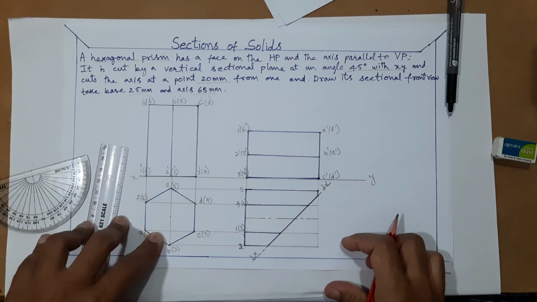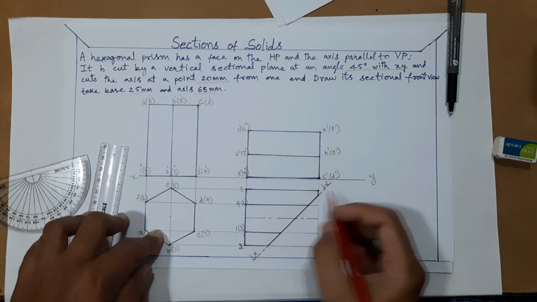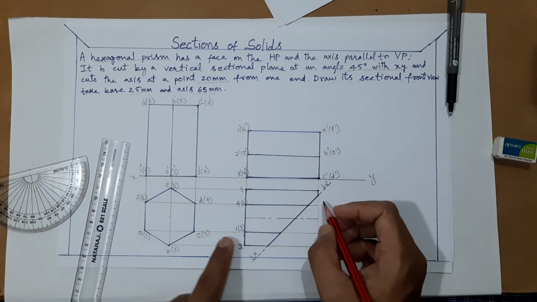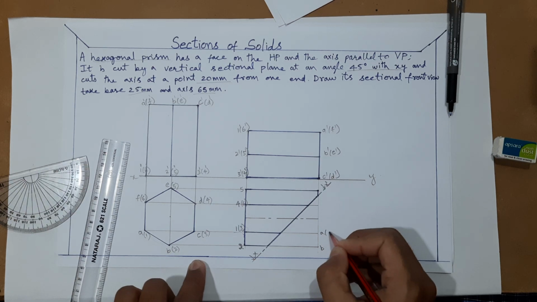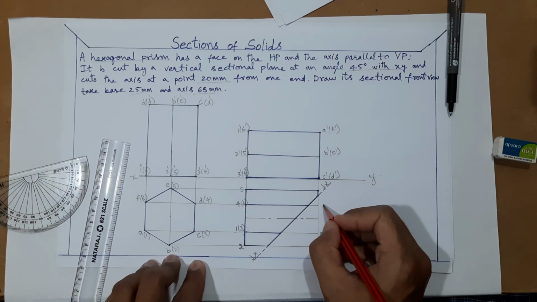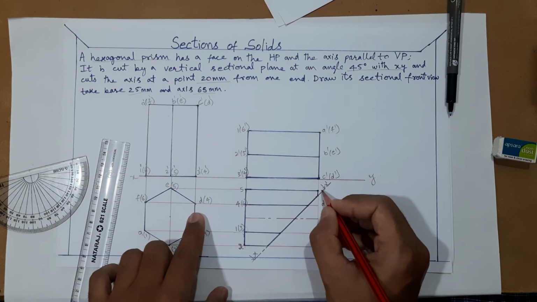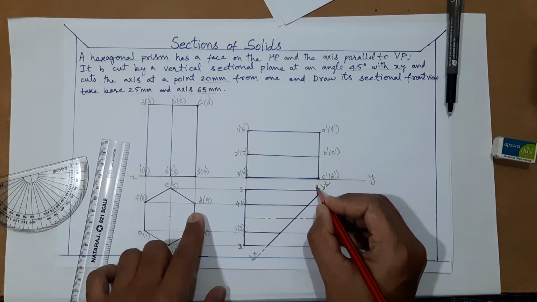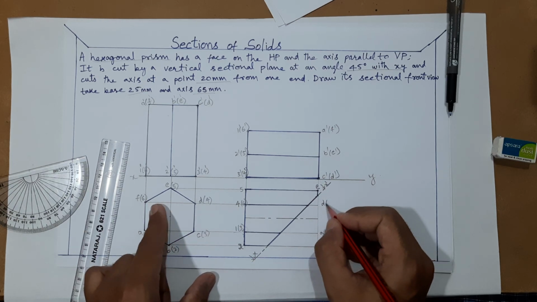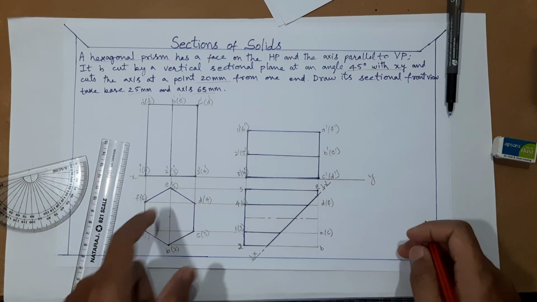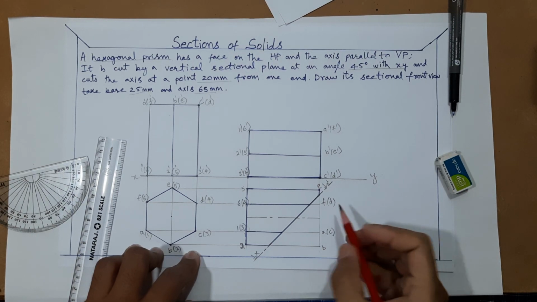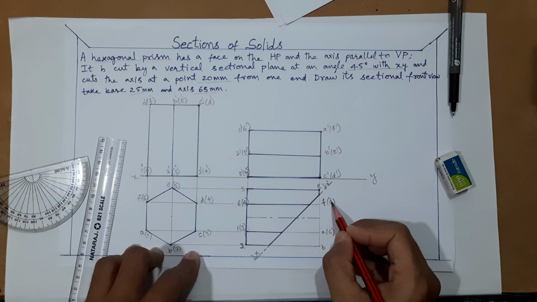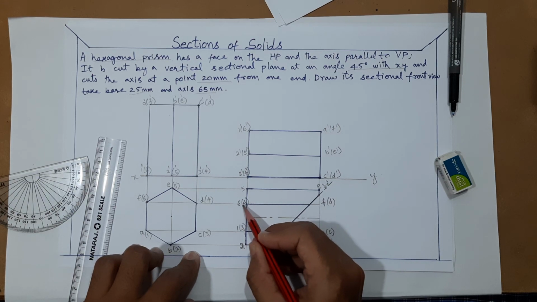Similarly here, if you see, this A comes here, B bracket C, D, point E at the top, and followed by F. Here F comes outside, D goes inside, 6 is outside, 4 is inside.